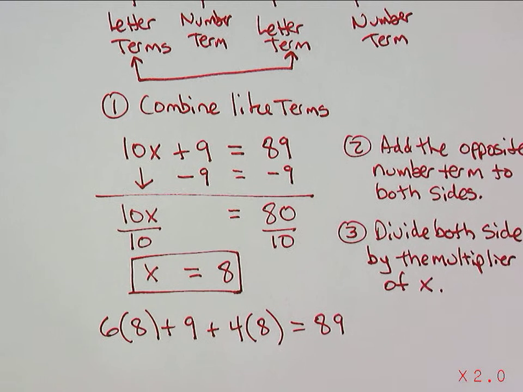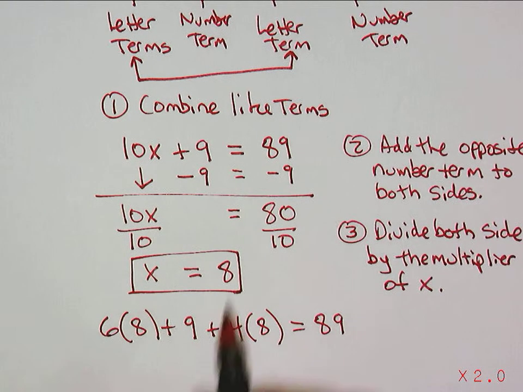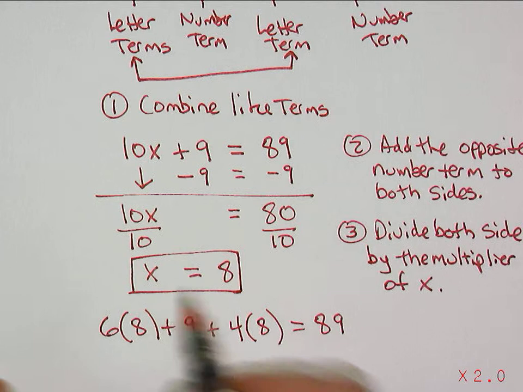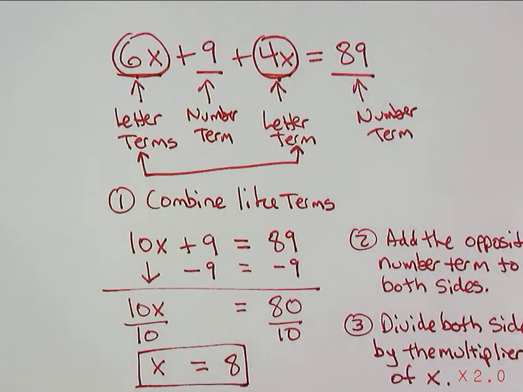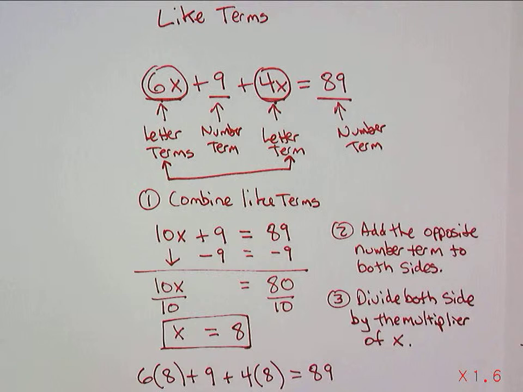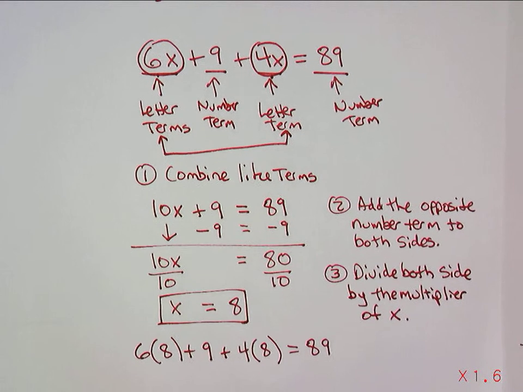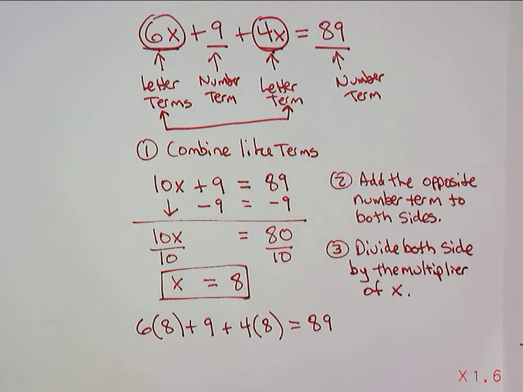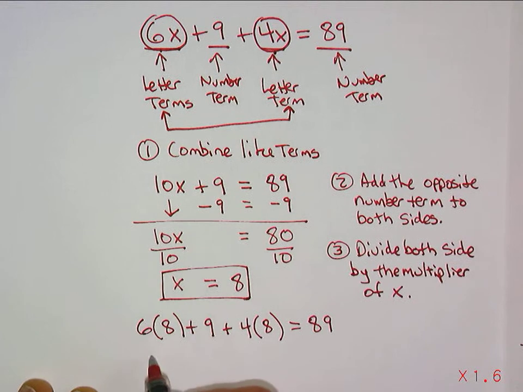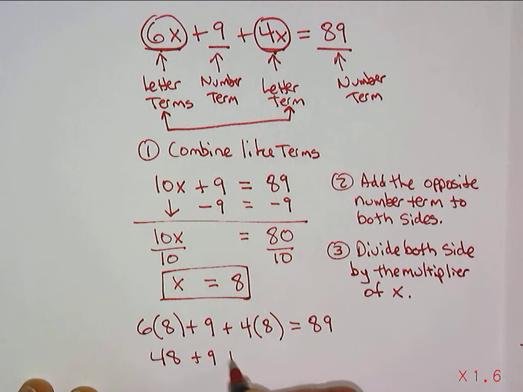So one of the ways to check your work with these is to actually substitute back in the value you found for x. In this case the value of x is 8, and it should work out. So if I go 6 times 8 plus 9 plus 4 times 8, it should be 89.